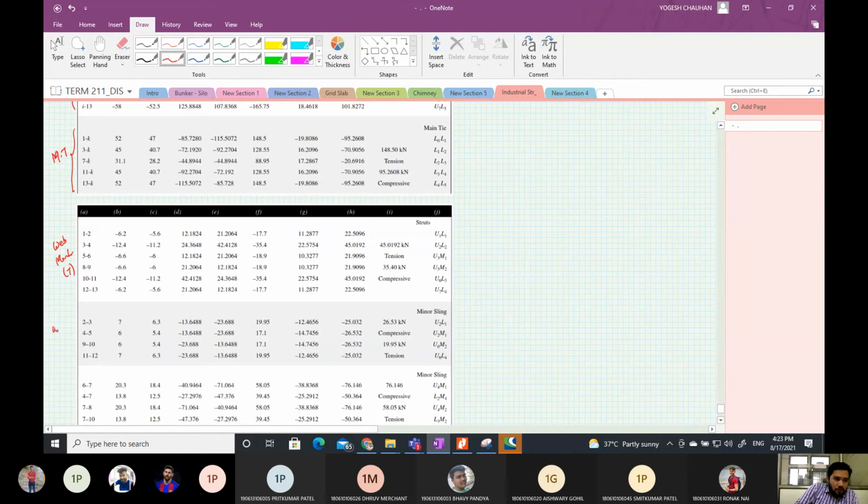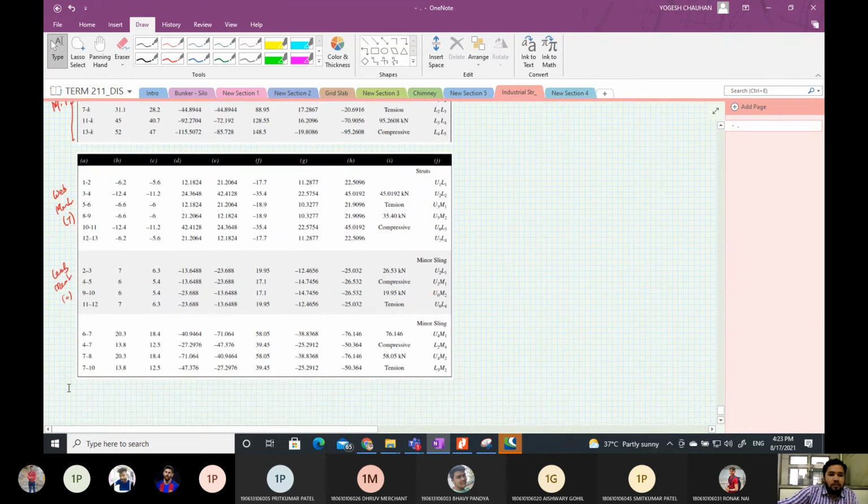These are web members under compression, and these are named struts.